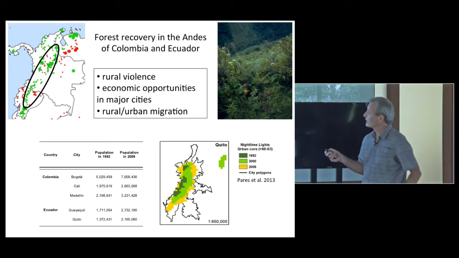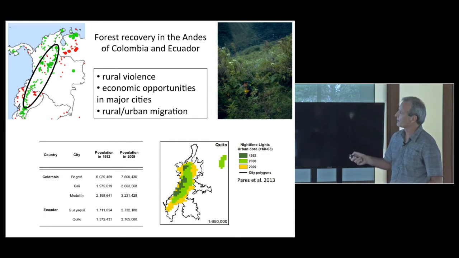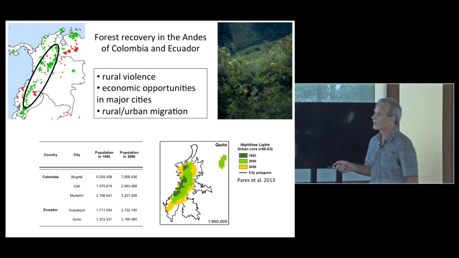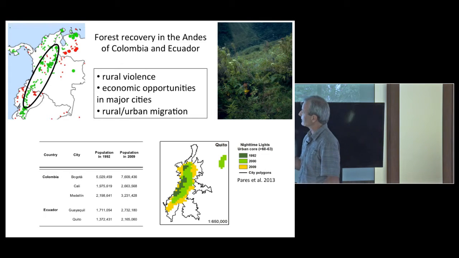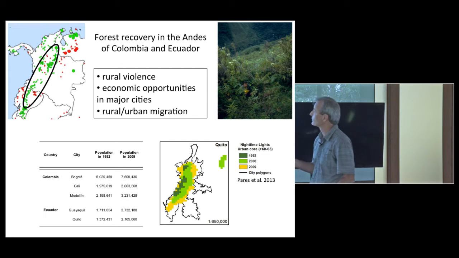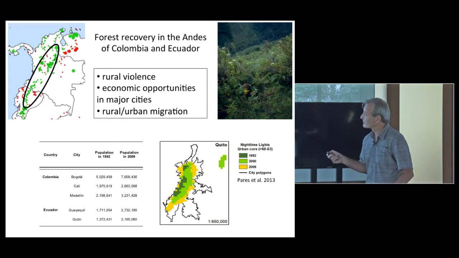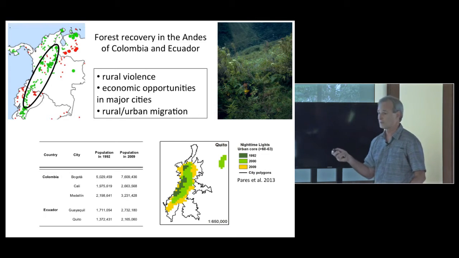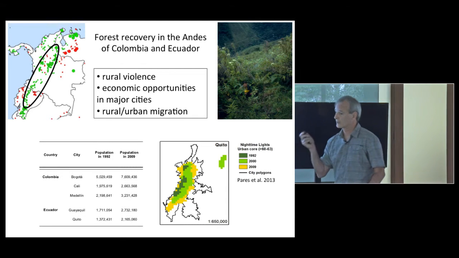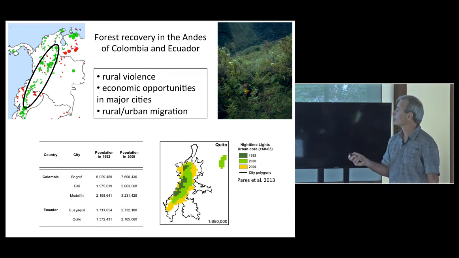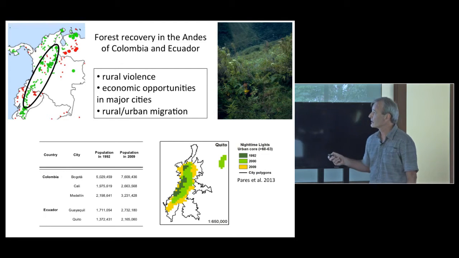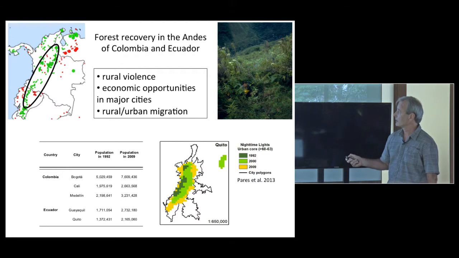Now let's go to South America. We see another area of increased woody vegetation in the Andes of Colombia and Ecuador. Again, we have the theme of rural violence in Colombia between the guerrillas, the paramilitaries, and the army. We've had out-migration from many of the Andean areas.